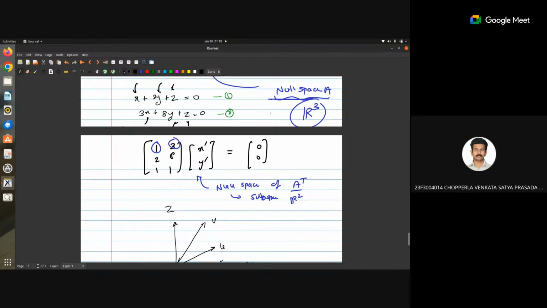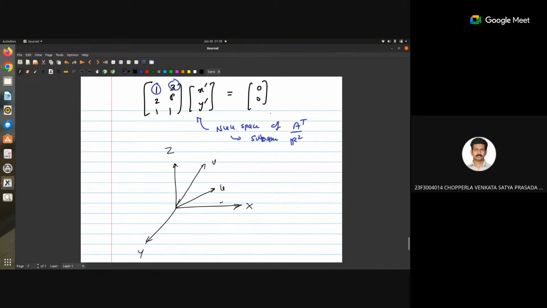See, sir, I know how to write the matrix A. I know the variables x, y, z, and I know what to equate it to, so I solve it. My only confusion is that on one side we say a column represents a vector.